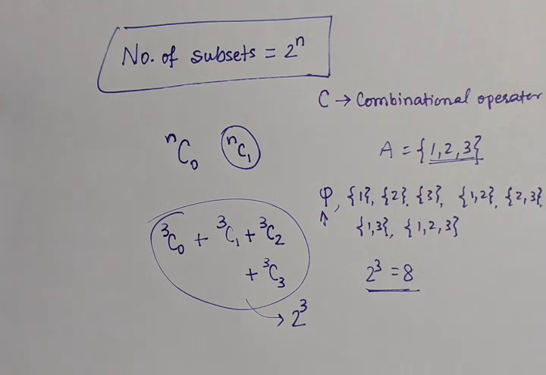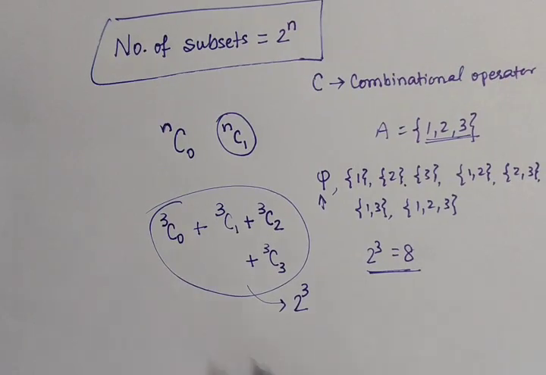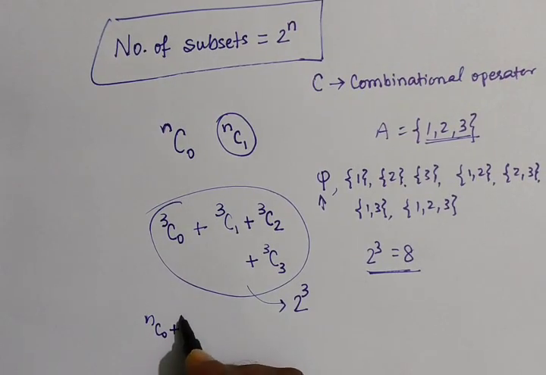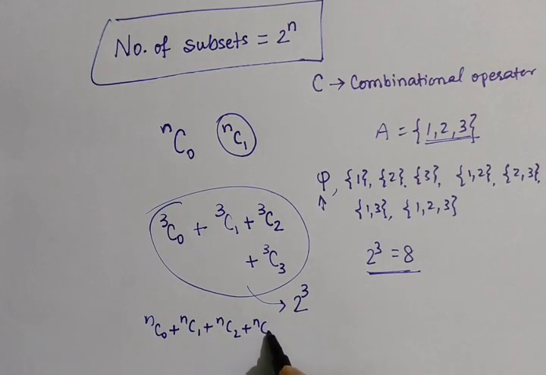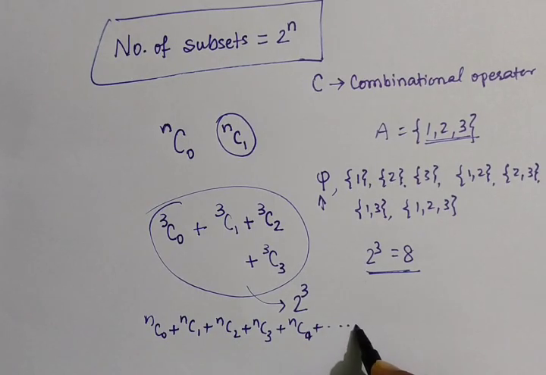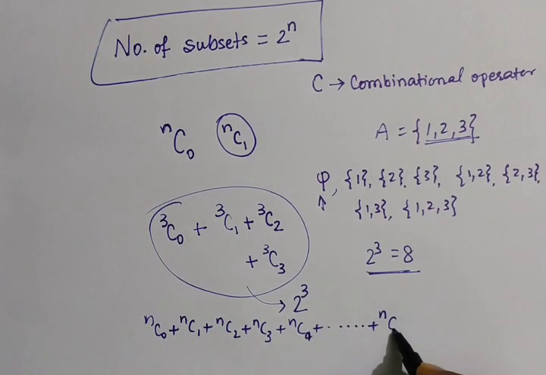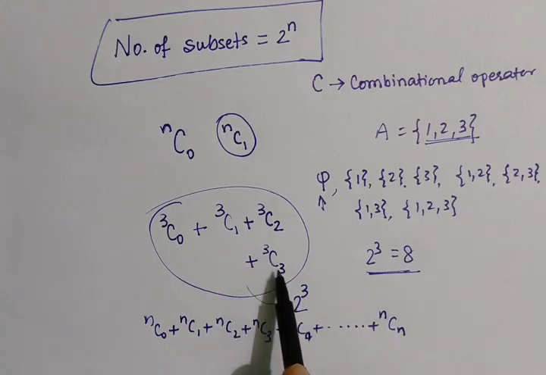Right? In the same way, suppose we have n entries, then we can write nC0 plus nC1 plus nC2 plus nC3 plus nC4, and like this dot dot dot, up to nCn at last, whatever be n, just like in this case we have plus 3C3.